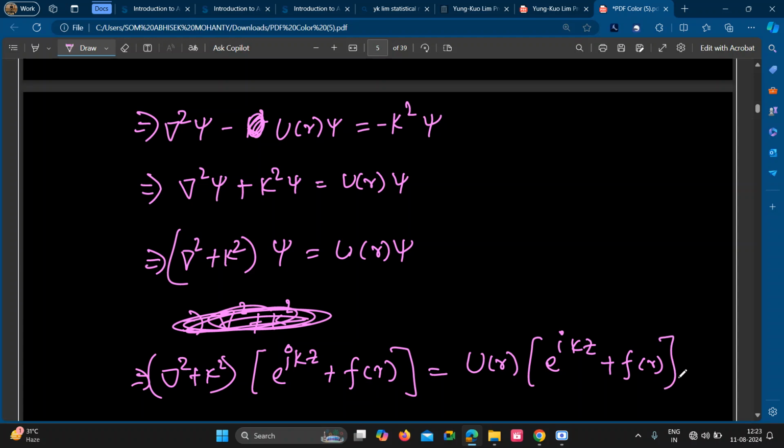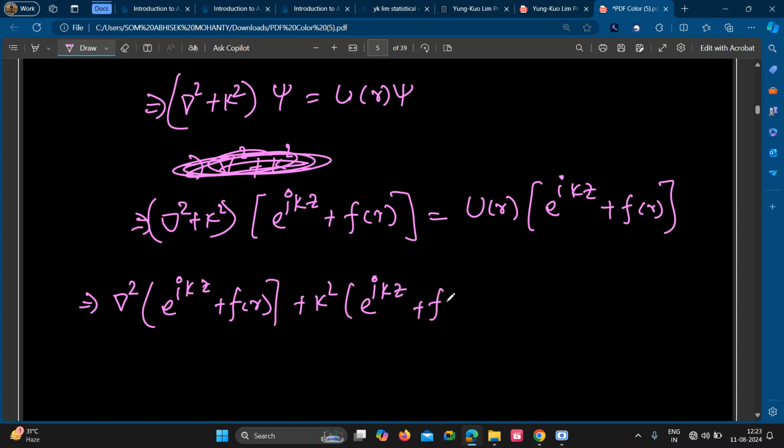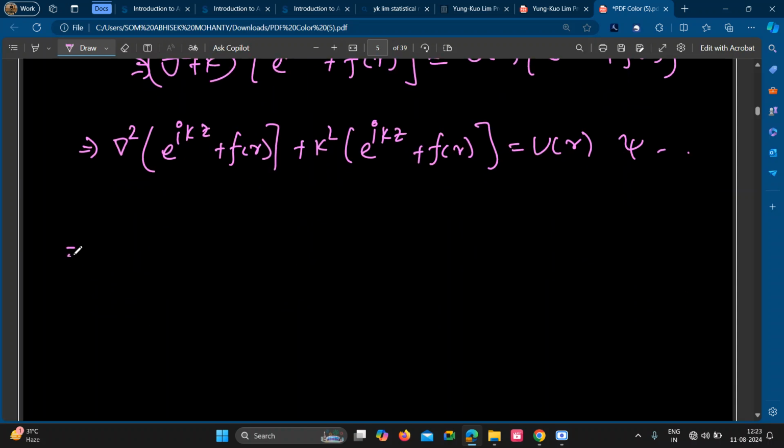Now we just have to expand it. We get del square of e to the power ikz plus f of r, plus k square times e to the power ikz plus f of r, and on the right side U of r times psi. Del square means del square by del x square plus del square by del y square and so on.